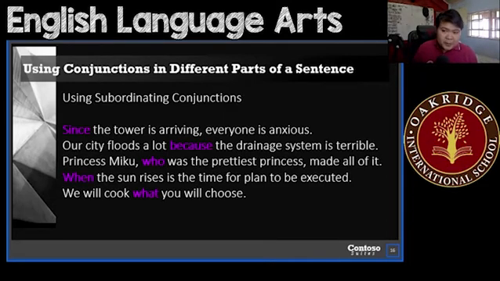And then the last one: we will cook what you will choose. Here, we have again another subordinating conjunction, what. But then you ended the sentence with this. See how this is used. It is not like the other one, like our city floods a lot because the drainage system is terrible.